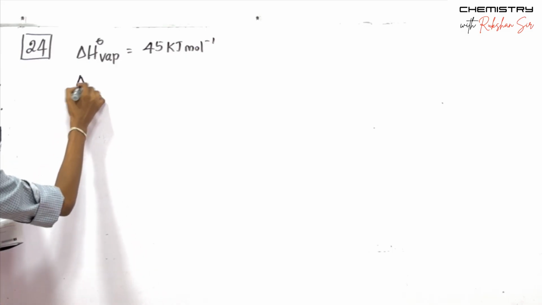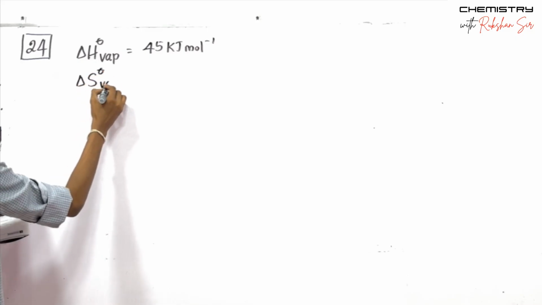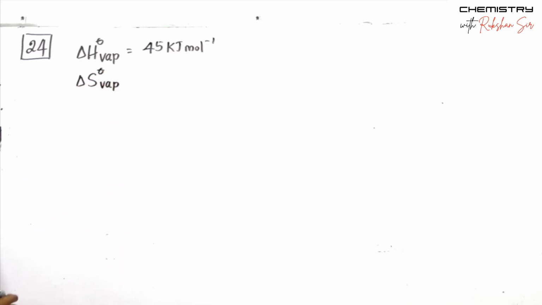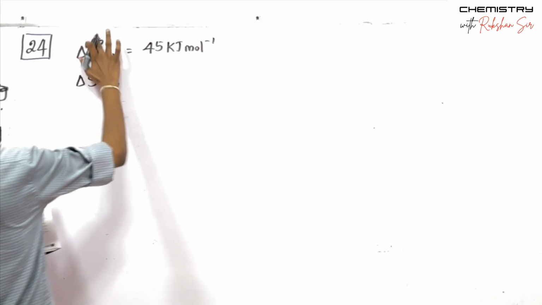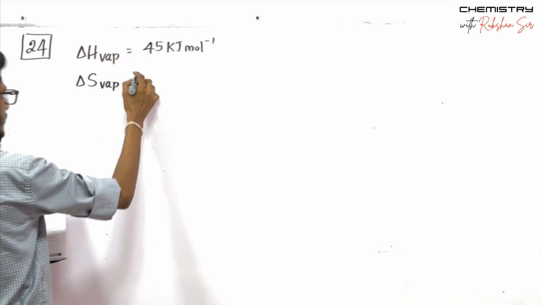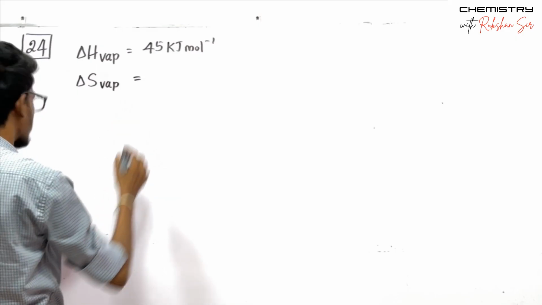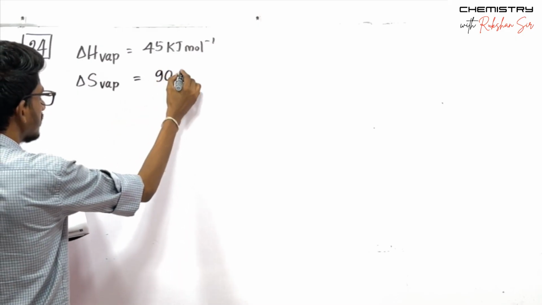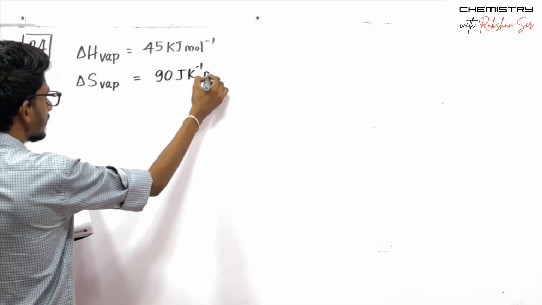And the entropy change of vaporization is also given, not the standard values, just some values, as 90 joules per Kelvin per mole.